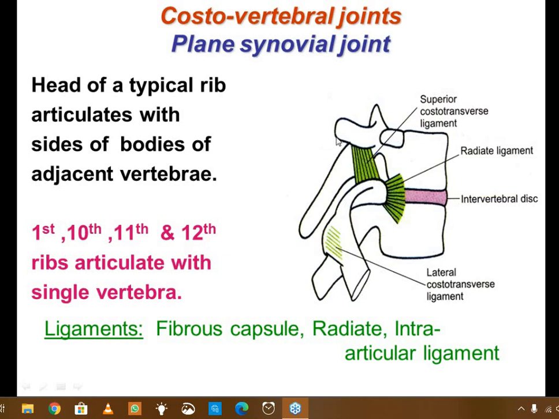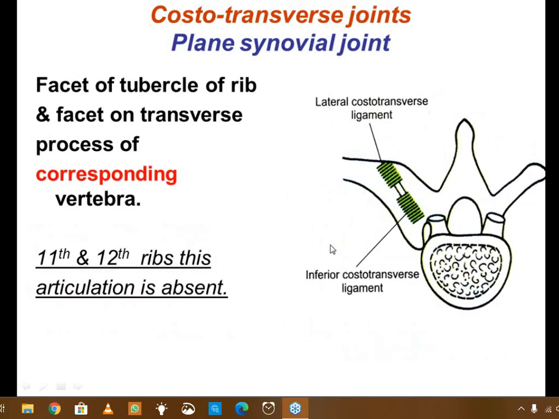As far as the transverse processes are concerned, they articulate with the tubercle of the rib. So costotransverse joints are also plain synovial joints. This articulation is absent in the 11th and 12th ribs because there is no tubercle on the 11th and 12th ribs to articulate with the transverse process of the 11th and 12th thoracic vertebra.